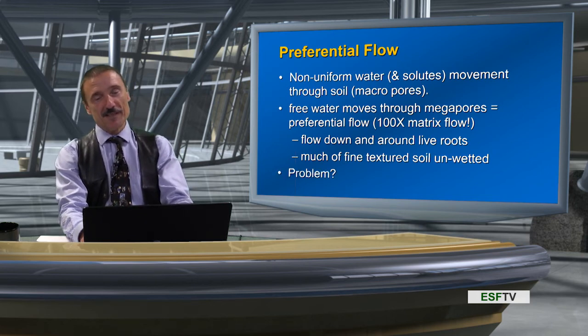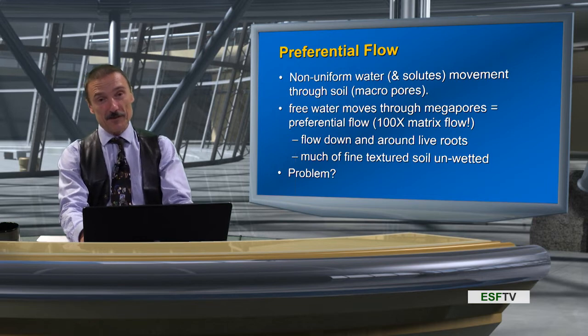The problem is, let's say I also have fertilized this field, or I've applied some kind of nutrient, maybe some kind of herbicide, some kind of pesticide, and so when water moves, soluble things move with it. And so this is how materials move. They move in the saturated flow, preferential flow. And it's a pretty important consideration, so you don't want to fertilize and then irrigate at the same time.